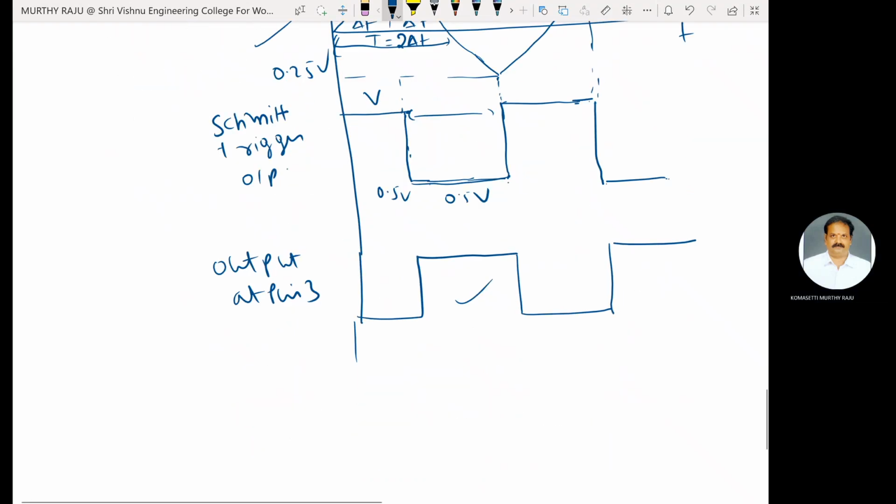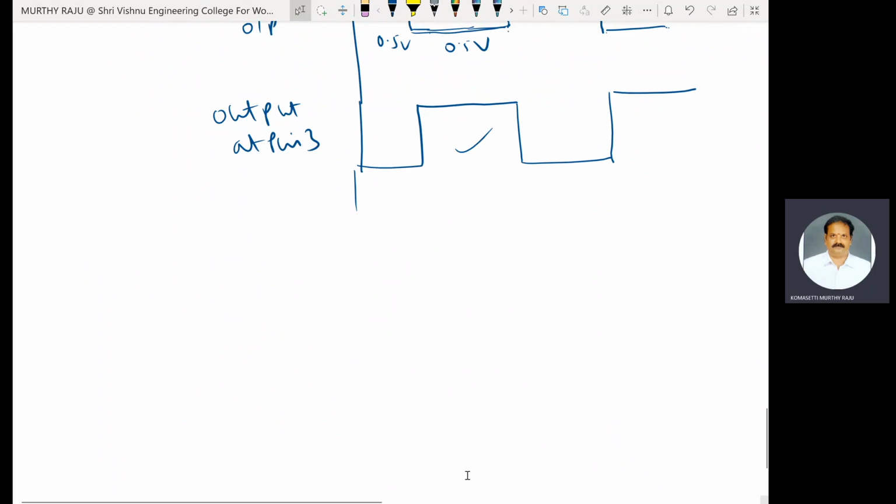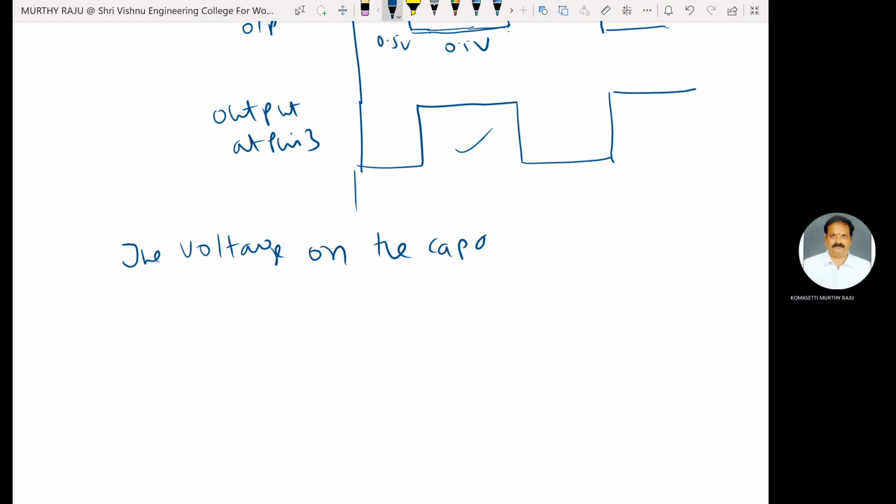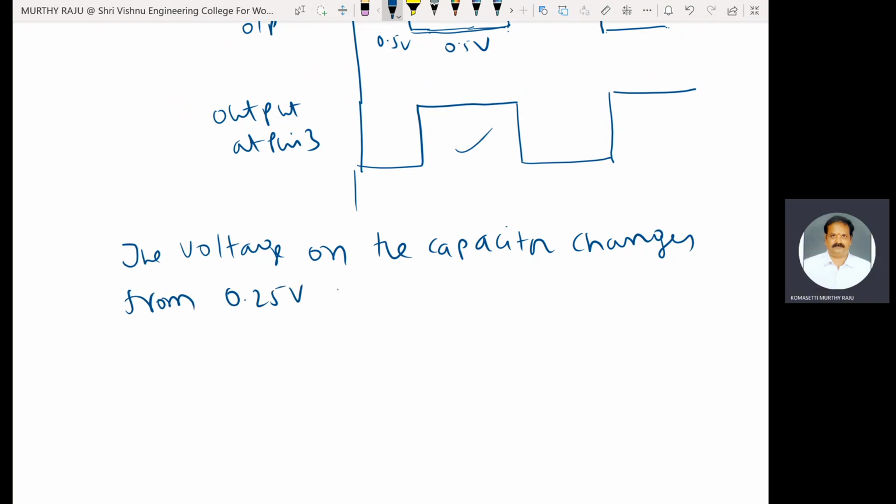Next, derivation of the frequency of oscillations. Generally, the voltage on the capacitor changes from 0.25 volts to 0.5 volts.